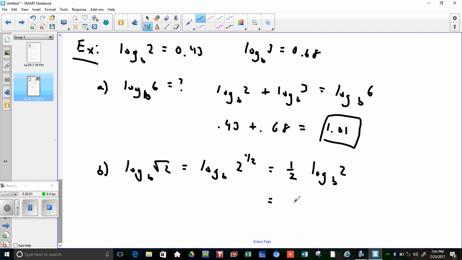So really, this is 1/2 of 0.43. And then if you weren't sure exactly what that was, again, you guys will have the aid of a calculator to be able to figure this out.